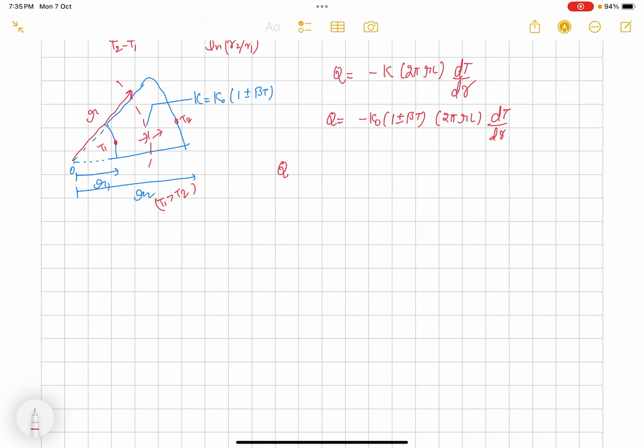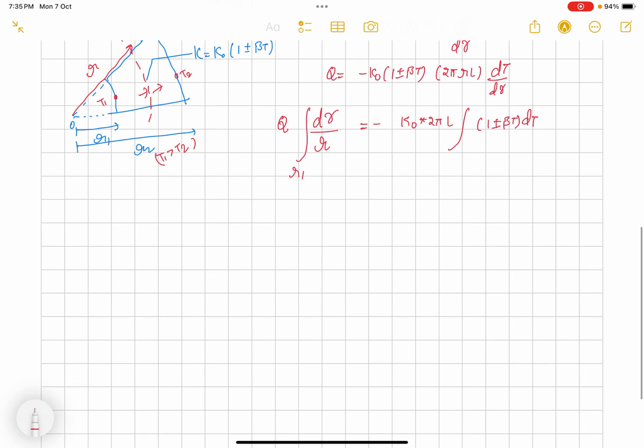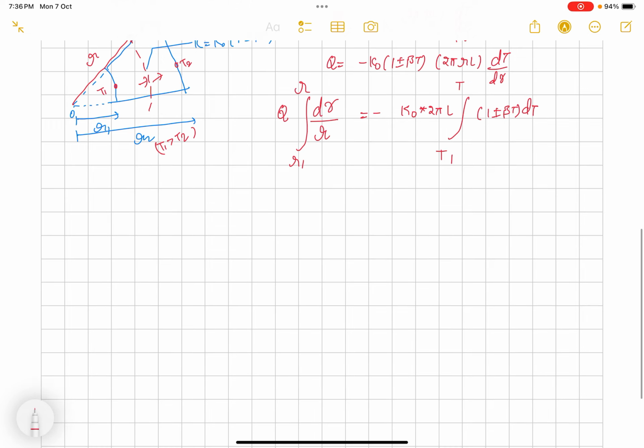So we can have dr by r on this side, and on the right hand side, except (1 plus beta T), everything is constant. So keep this out of the integration: 2 pi L, and inside the integration will be (1 plus beta T) dT. Integrating from r1 to r, at r1 the temperature is T1, and at r the temperature is the unknown temperature T, where r is any radius.